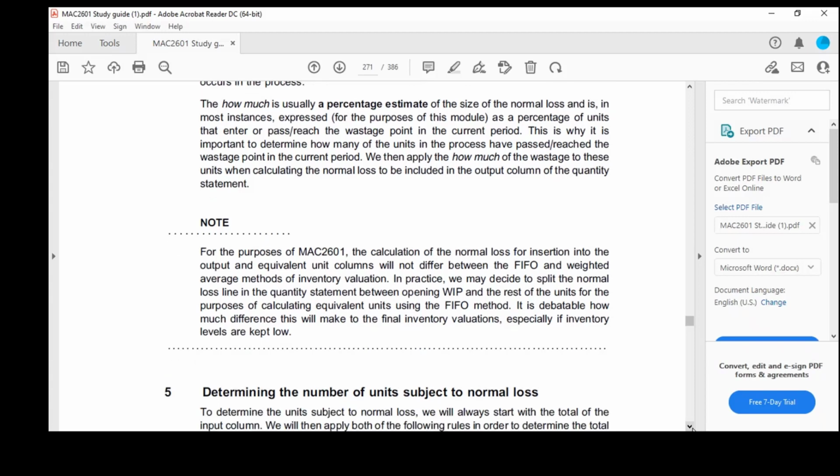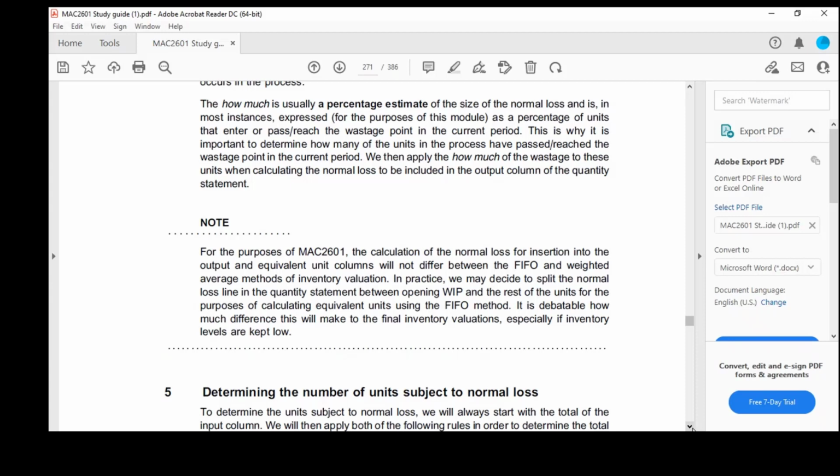So, as I've mentioned, the wastage point is very important because that's when you will see which units passed that wastage point, right? Because there's no use in you trying to look at the ones that came after the wastage point, unless there's another normal loss coming before it's completed. But really important, wastage point.